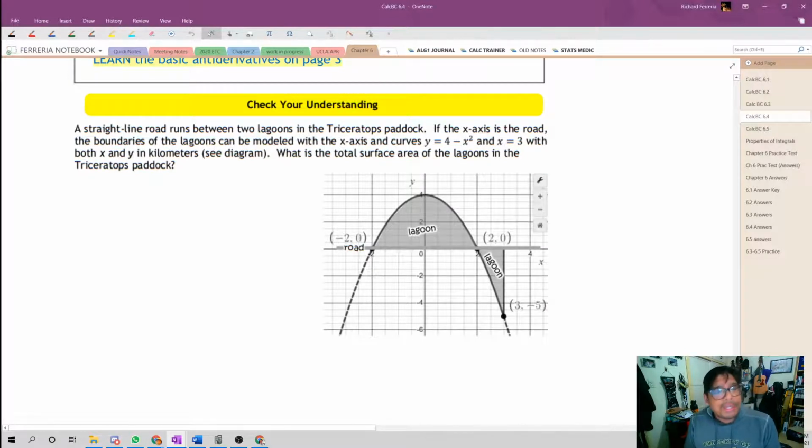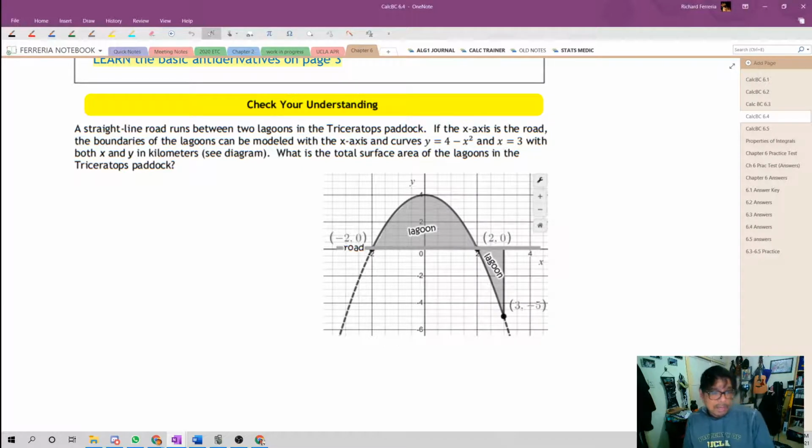Check your understanding is very similar to the problem that we had. We've got a straight line road that runs between two lagoons at the Triceratops paddock. If the x-axis is the road and the boundary of the lagoons is modeled by the curves y equals 4 minus x squared and x equals 3, with both x and y in kilometers, what is the total surface area of the lagoons in the Triceratops paddock?